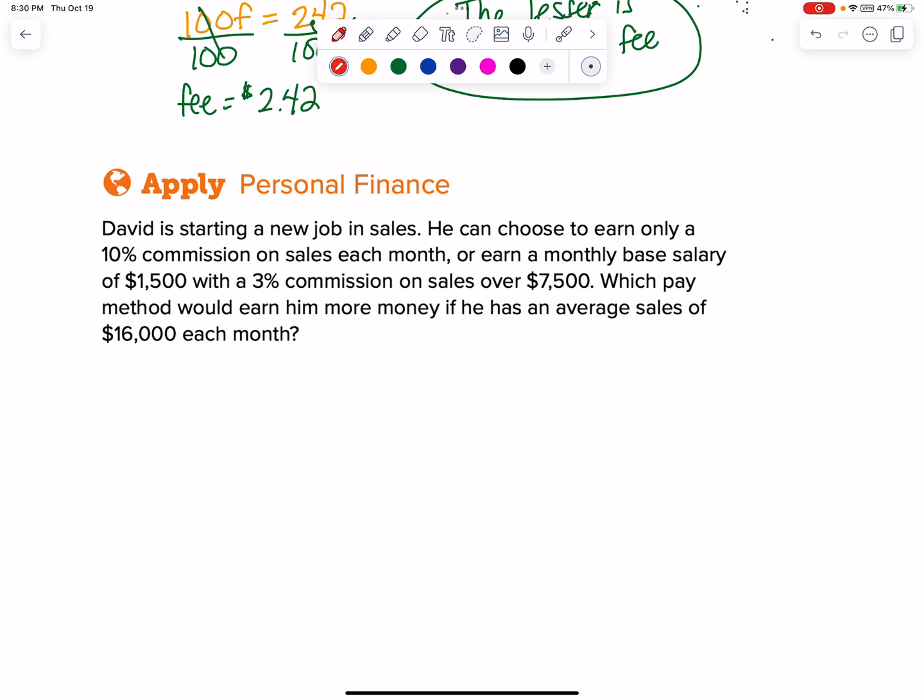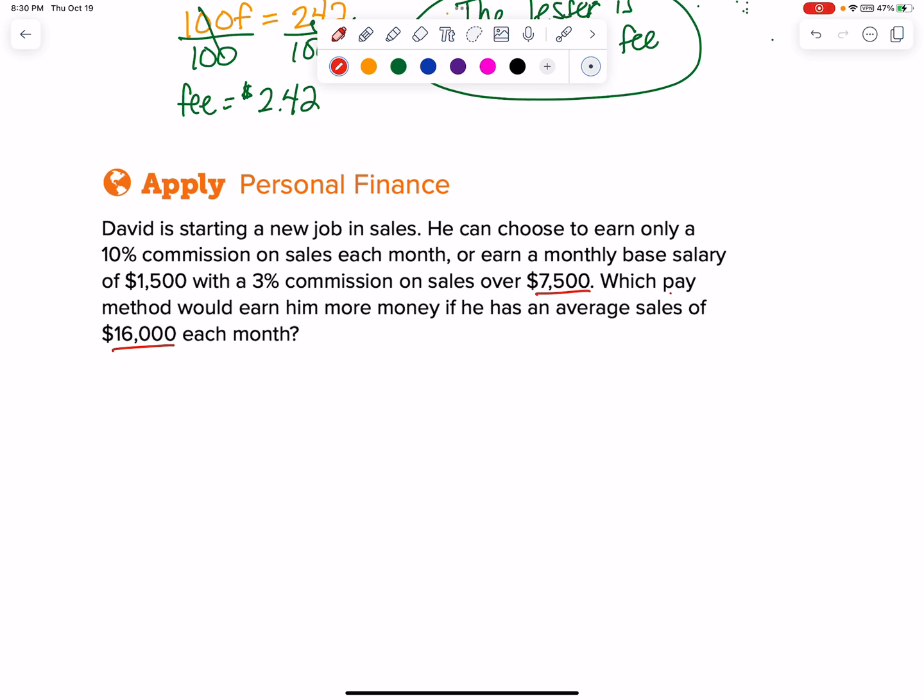He can choose to earn only a 10% commission or earn a monthly base salary of $1,500 with a 3% commission, only on sales over $7,500. Which pay method would earn him more money if on average he gets $16,000 each month? So we have to sort of play this out.